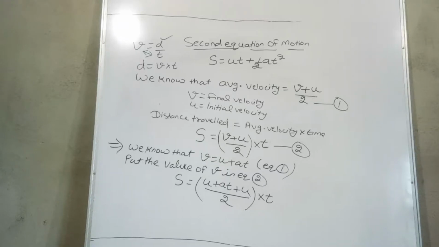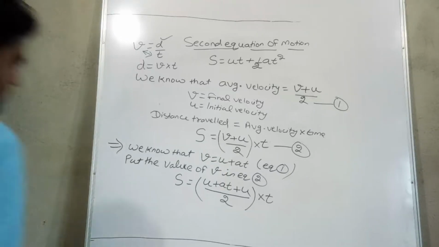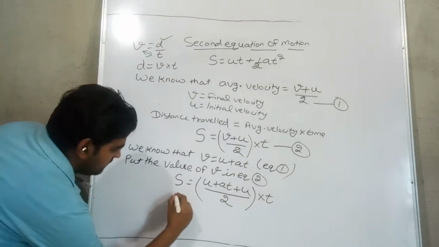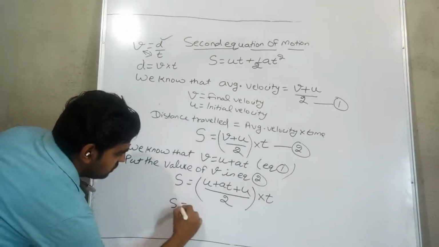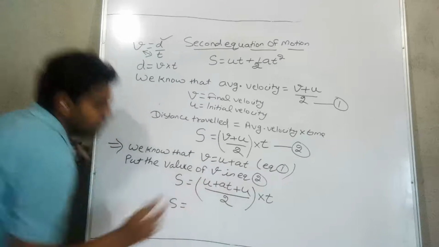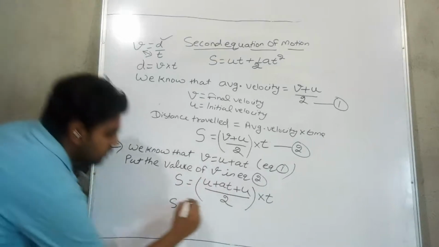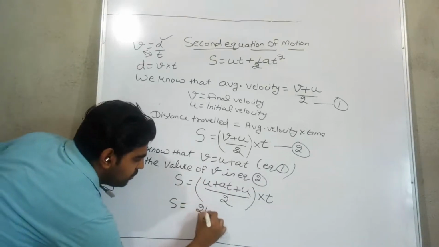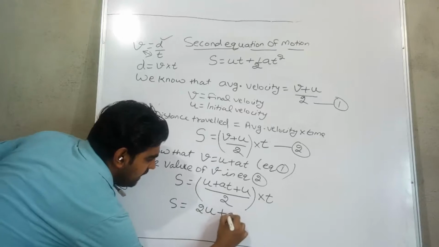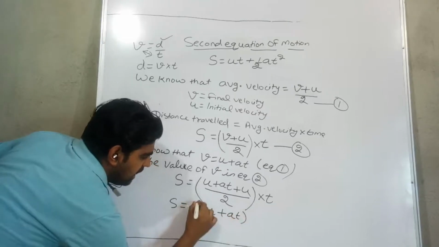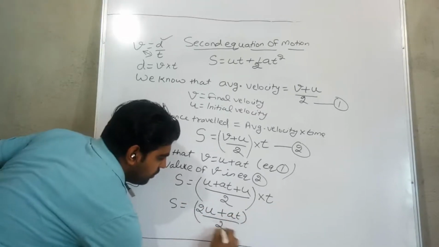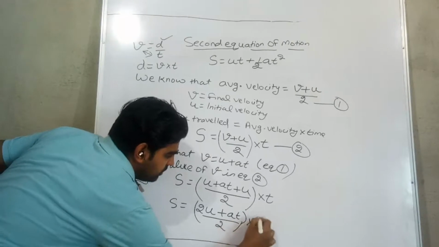Clear? Now change this equation as s equals 2u plus at upon 2 into t.